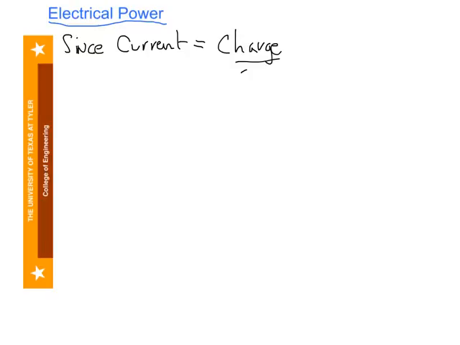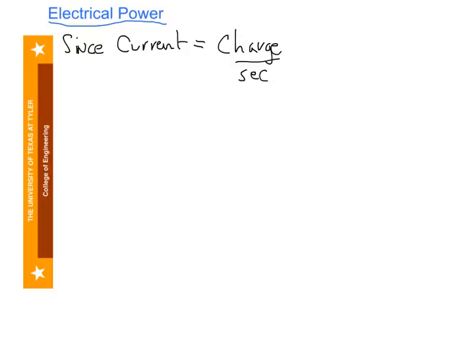So next I want to talk about electrical power. And we defined power before. So since current is equal to charge per second, right?